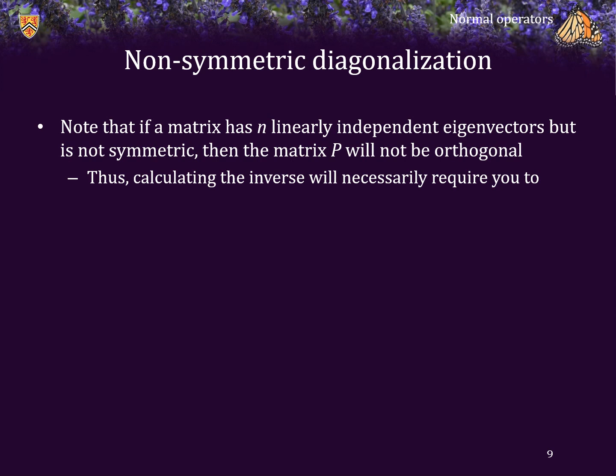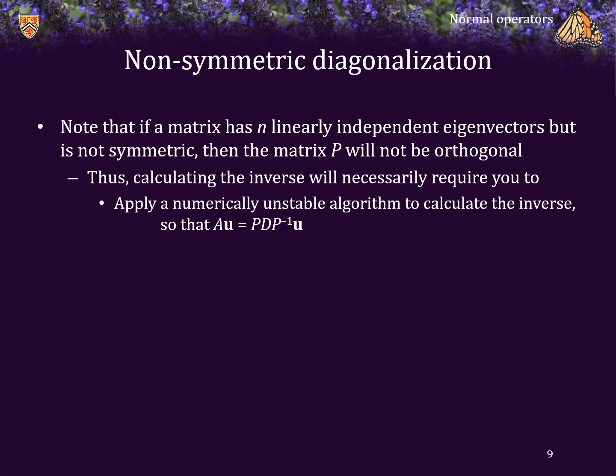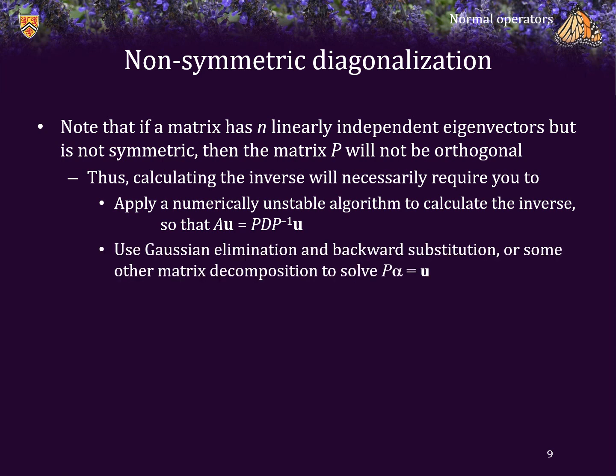Thus, calculating the inverse will necessarily require you to either apply a numerically unstable algorithm to calculate the inverse so that you can write the matrix A applied to U as P times the diagonal matrix times the inverse times the vector U. Alternatively, you can use Gaussian elimination and backward substitution or some other matrix decomposition to solve P times alpha is equal to U for each new U. Having found the alpha vector in either case, you calculate P times D times alpha.